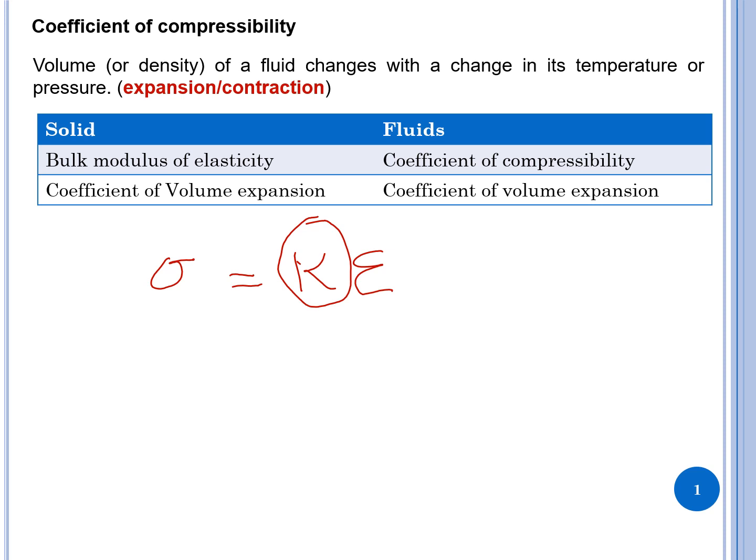But expansion and contraction vary with the change in material. So for the same amount of pressure, water will have different contraction as compared to air. So we need some kind of coefficient to relate pressure and volume. For that we use the coefficient of compressibility.